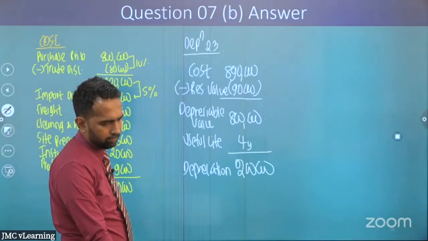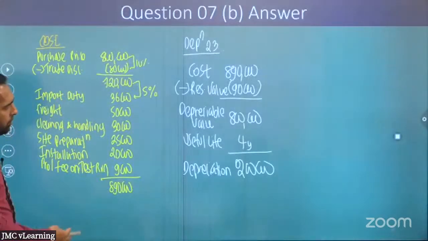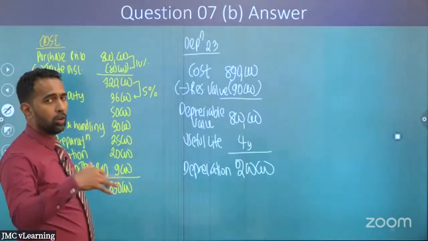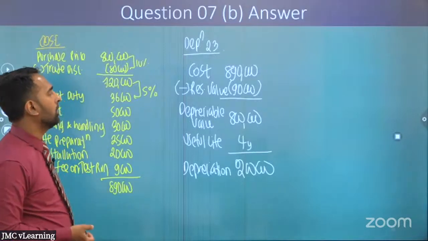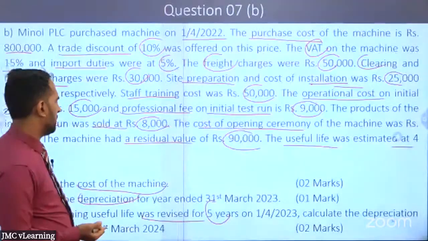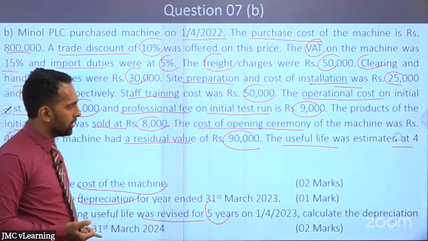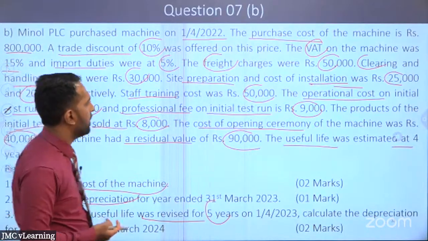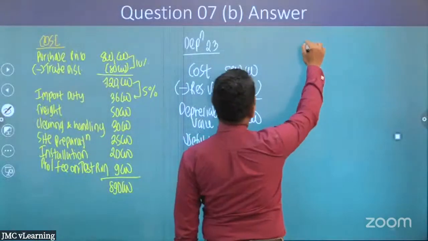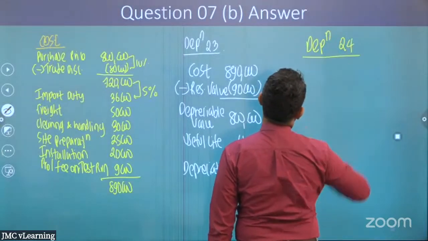That's a very easy part. You know the depreciable value, cost less residual value divided by useful life. Right. Next part. Remaining useful life has been revised to 5 years. Then you have been asked to calculate the depreciation for the year 2024.